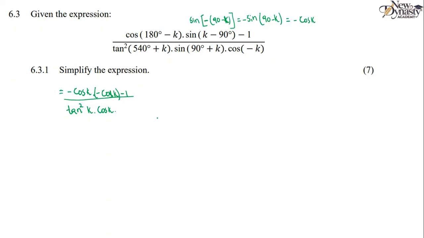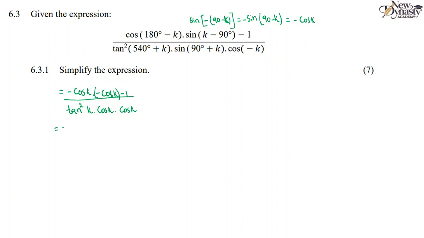That is in the fourth quadrant where cos is positive. So cos of a negative angle is a positive cos. So here we are, we've written everything with only k, so we can go on and simplify everything here.